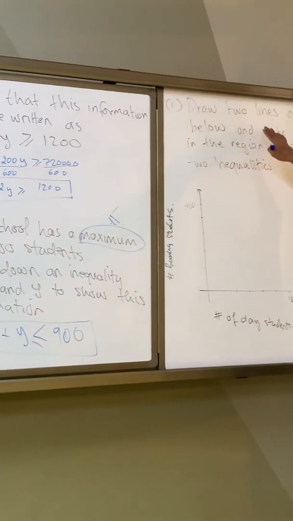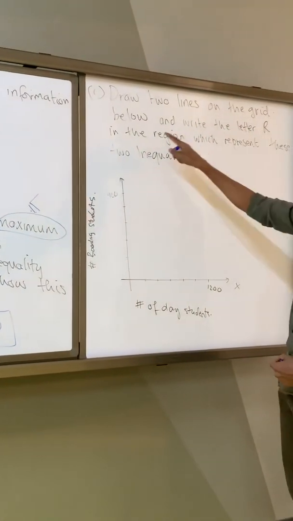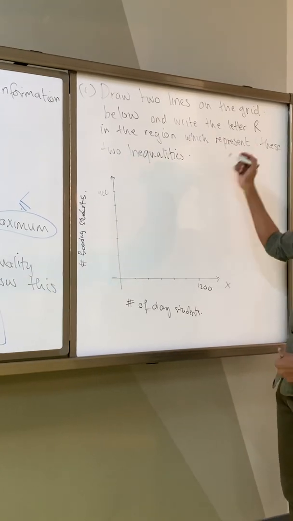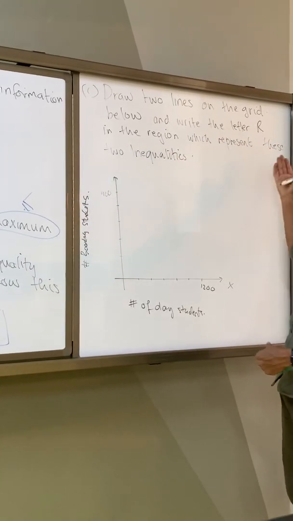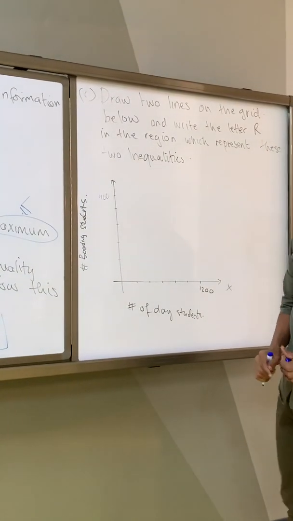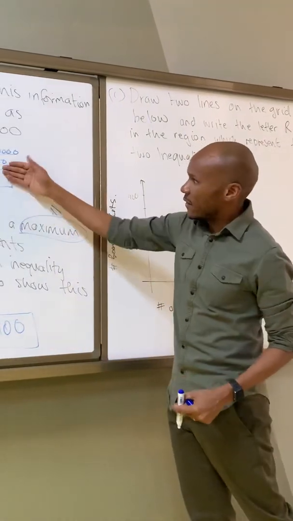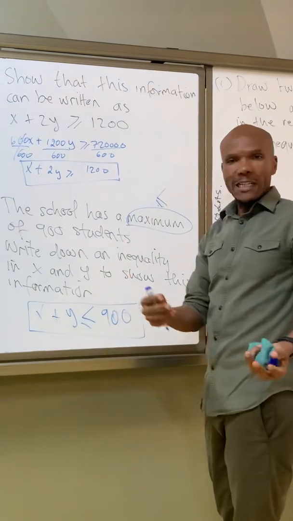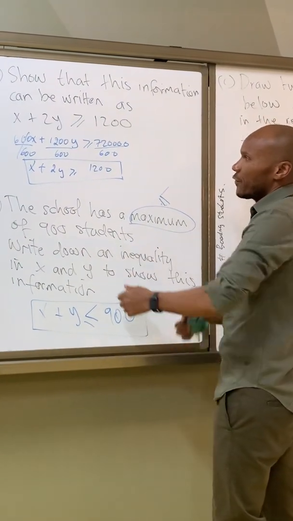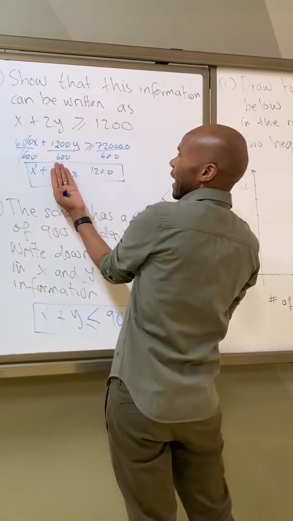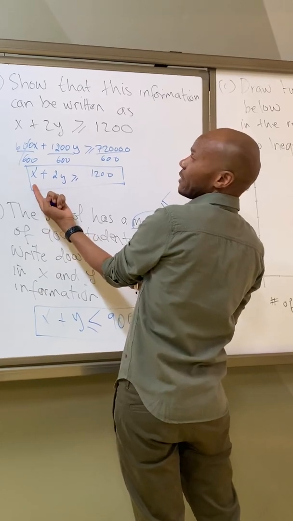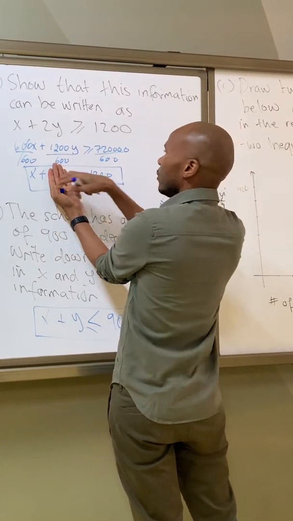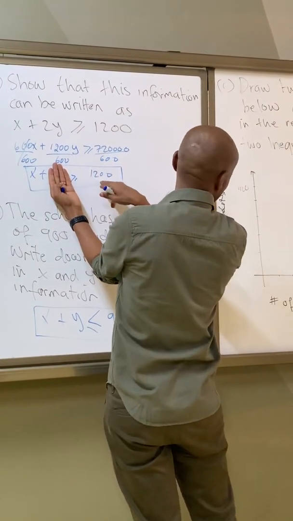And now they say draw the two lines on the grid below and write the letter R in the region which represents these. So we have to draw this and that. How are we going to draw this one? Using the intercept method. If I want to find the x-intercept, y will be 0, so x will be equal to 1,200.